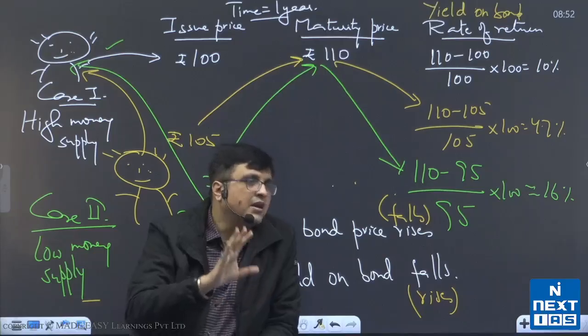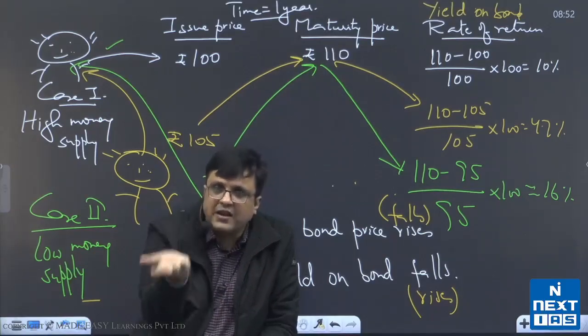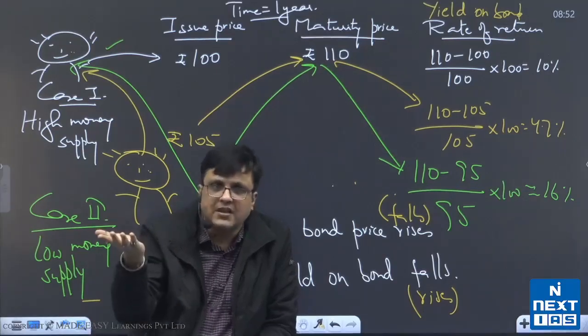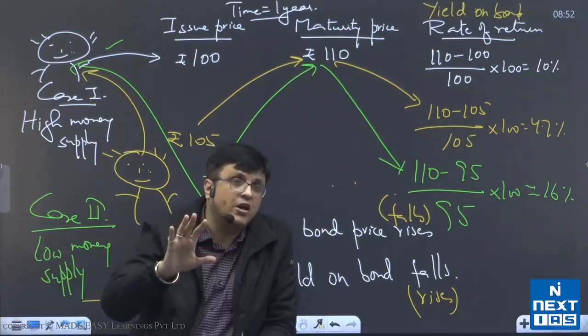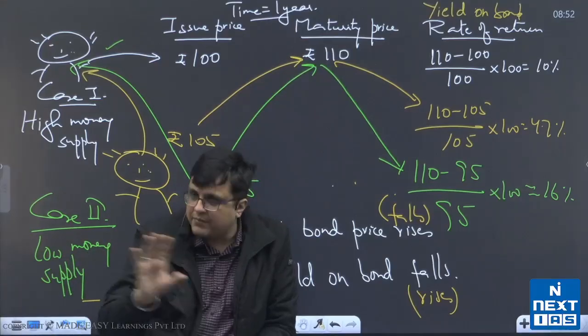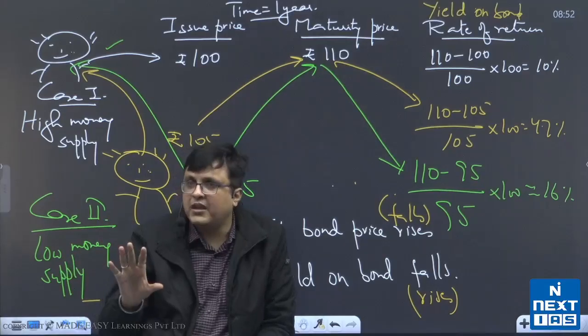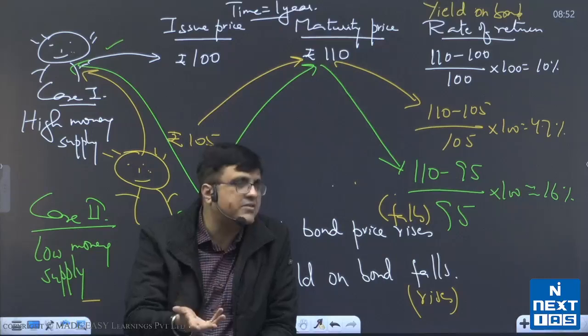Never get bothered. If a bank is increasing its lending rate, that is the rate at which it lends, then the bank will also automatically increase its deposit rate, that is the rate it will give to its depositor. So all rates in the economy, the interest rates, move in same direction. So don't bother that which rate sir is talking about. End of the day, whenever somebody is a borrower, somebody is a lender, there is an interest rate involved.